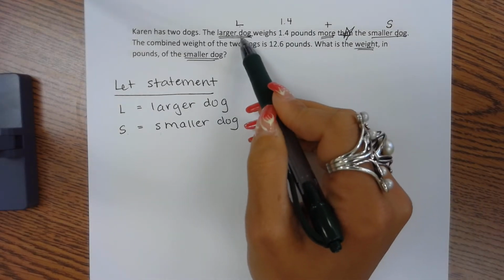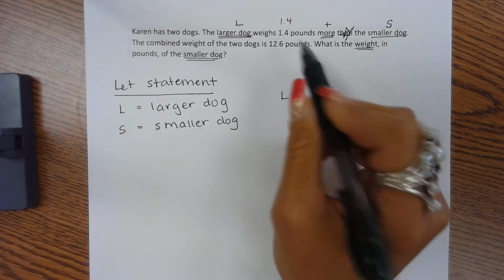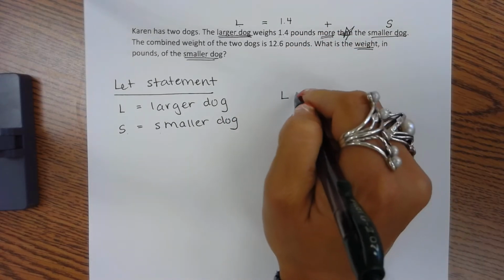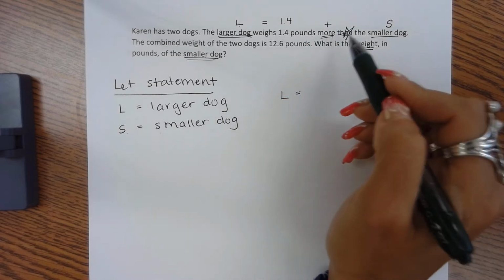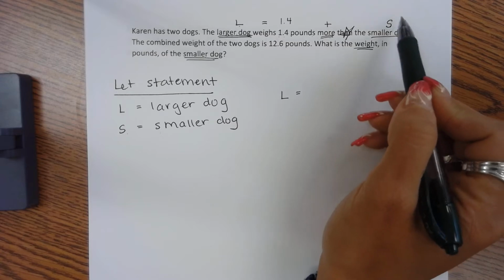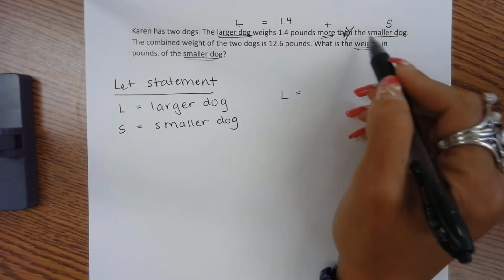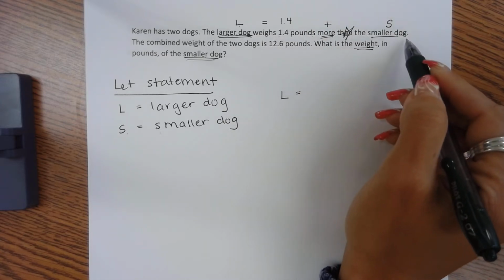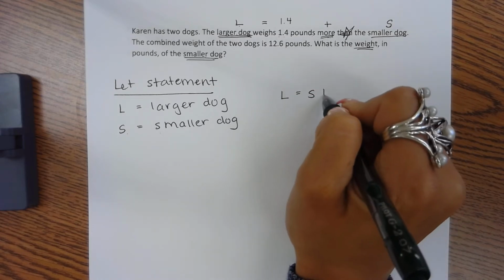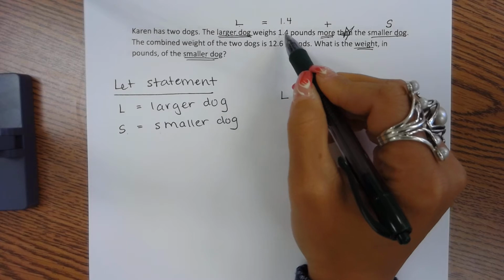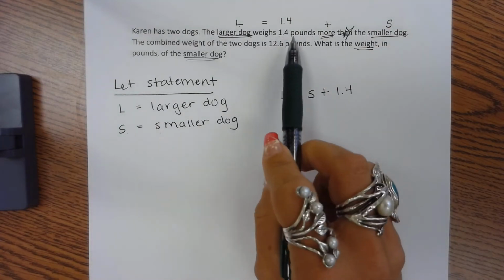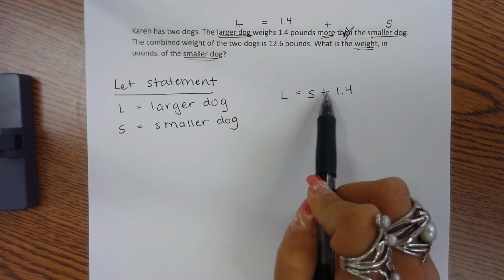The larger dog, L, equals, because the larger dog is 1.4 pounds more than, which is a flip word, so what comes in the back goes in the front: the smaller dog plus 1.4 pounds. So it's 1.4 pounds more than the smaller dog.